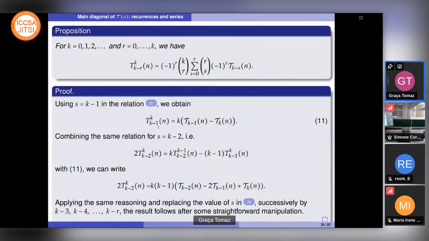Then, by using the same property with s equal to k-2, we have this one, and combining these two equalities, we have this one, and applying the same reasoning successively, we get the result.